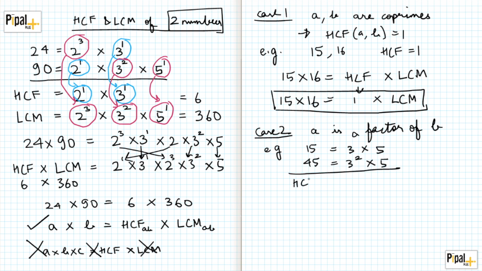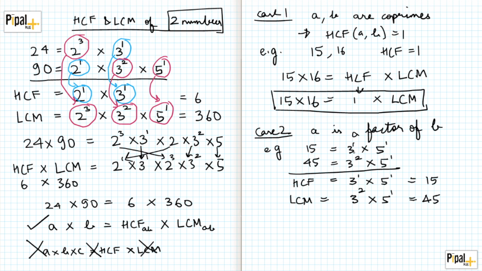So the HCF is going to take the smaller powers. Both 3 and 5 would be present in the HCF with powers 1 and 1. And their LCM is going to be 3 times 5 again, but with the highest powers, which in this case is again 1. So the HCF is 15 and the LCM is 45.